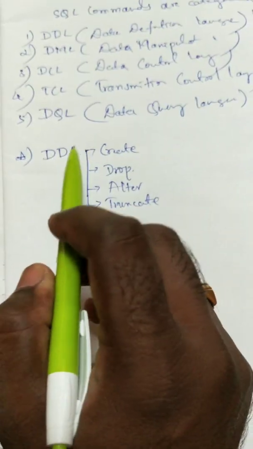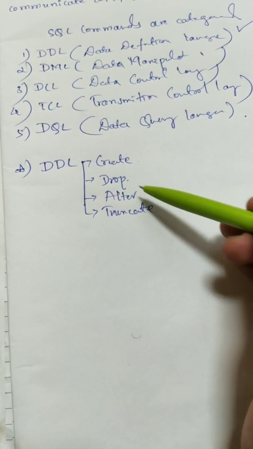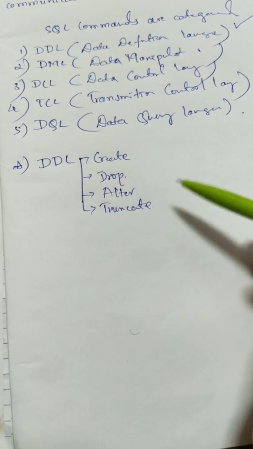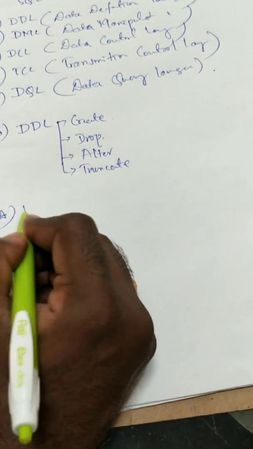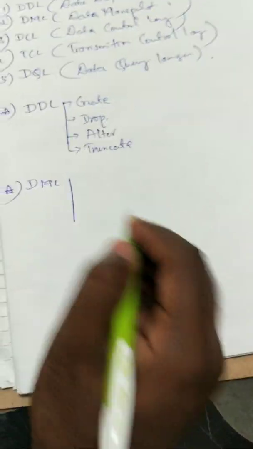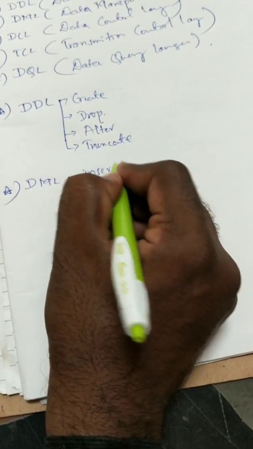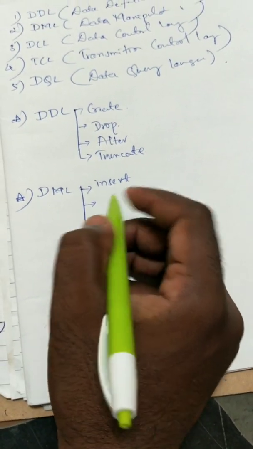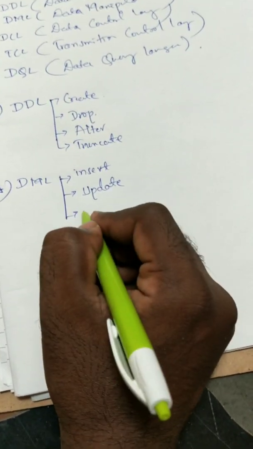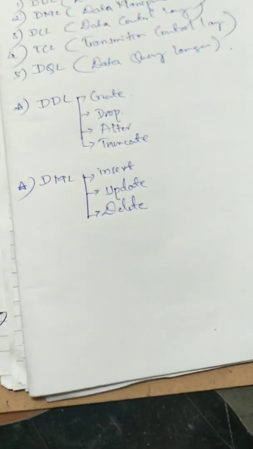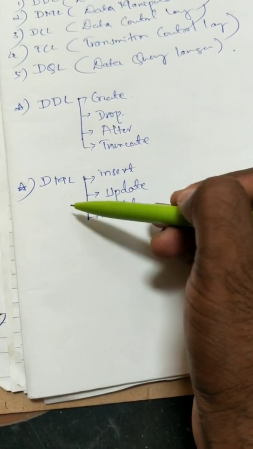So these are the commands in the DDL category: create, drop, alter, and truncate, right? The second one is DML. DML consists of different commands like insert, update, and delete. So these are the commands under DML, data manipulation language.